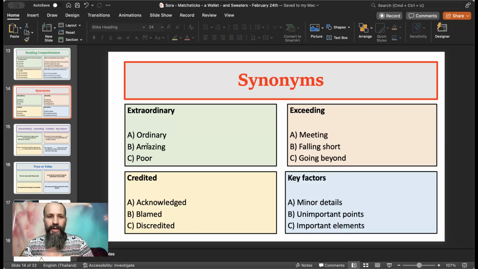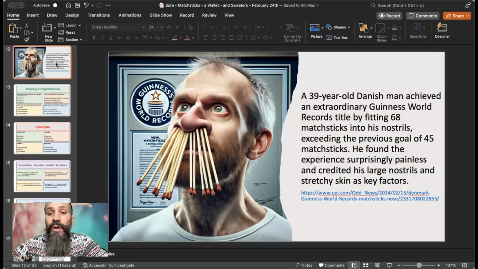We don't really say extra ordinary, but that's the root of the word, where it comes from. It means amazing, exceeding. If my student didn't know what exceeding meant, I will let them reread that sentence that had exceeding in it. He got the record, which was exceeding the previous goal of 45 matchsticks.